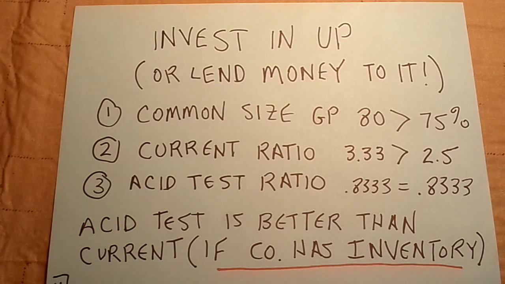Based on the current ratio, up was better than down. 3.33 was better than 2.5. And the acid test ratio, 0.8333, is the same either way, so it leads us to the conclusion that up is better. Remember, as I said before, acid test is better than current if a company has inventory.